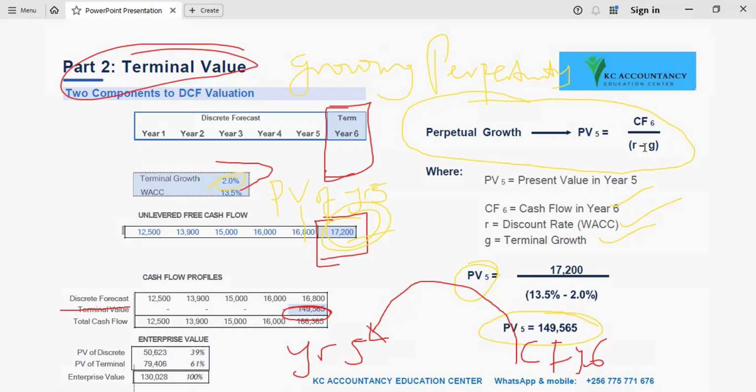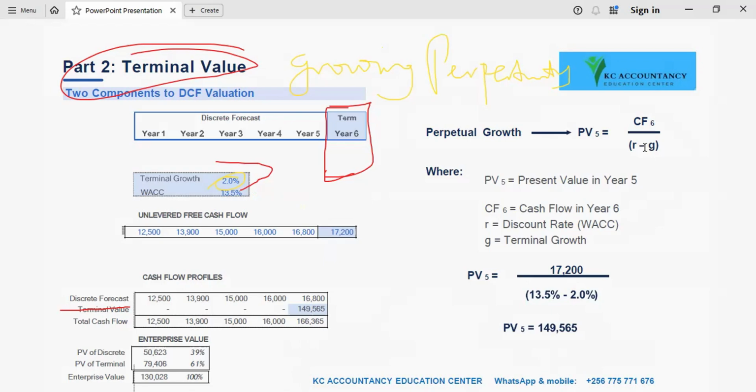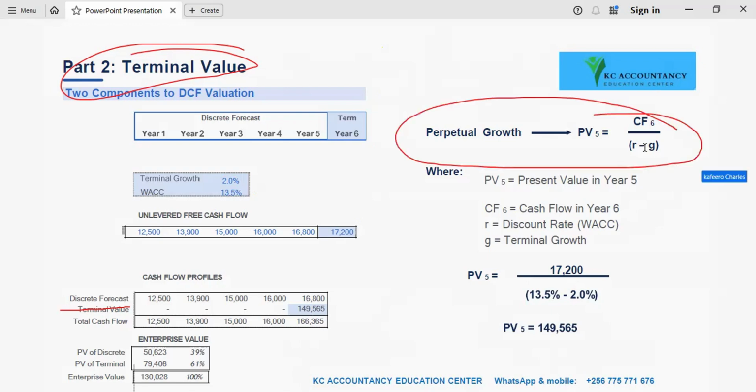One of the critical things to understand from this equation is that a lot of people forget that when we input the cash flow of year 6, the 17,200, and run it through the formula, it gives us the present value one year prior.